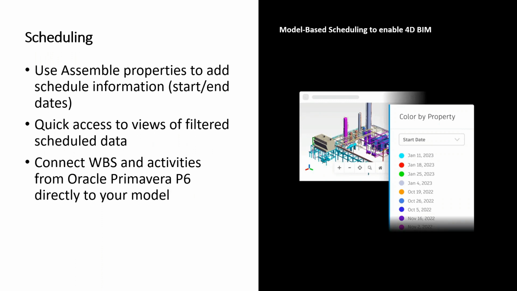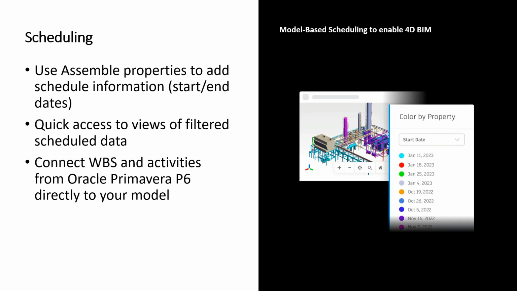So the field teams could be on site on their iPad and connect their project schedule with the model so they can easily see what areas should have been finished, what are still pending, and what are the ones that are being delayed. In this webinar, over and over again, I've been mentioning these 4D and 5D workflows.